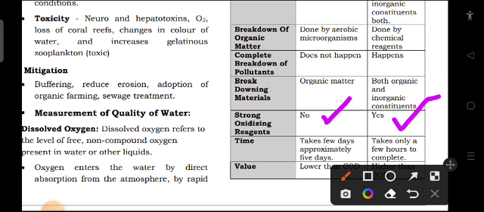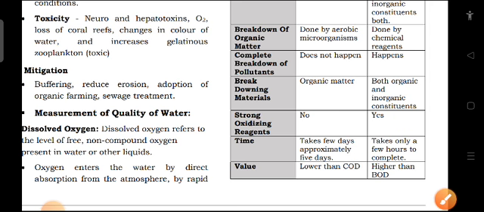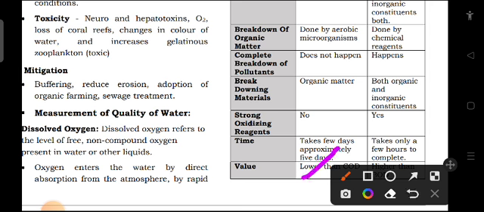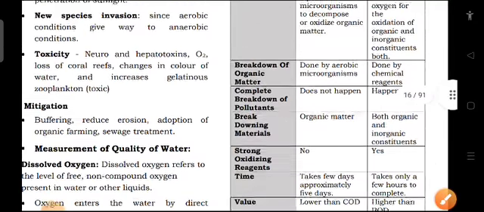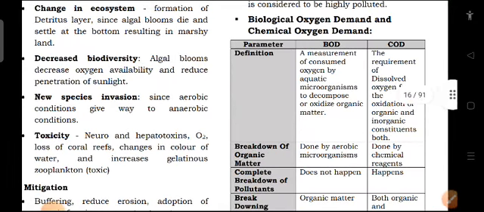Time: BOD takes approximately 5 days, whereas COD takes only a few hours to complete. BOD's value is lower than COD, whereas COD has a higher value than BOD. So these are some of the differences between BOD and COD. Thank you.